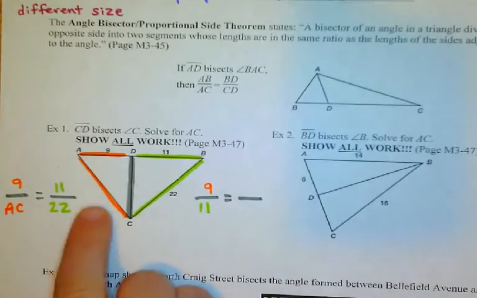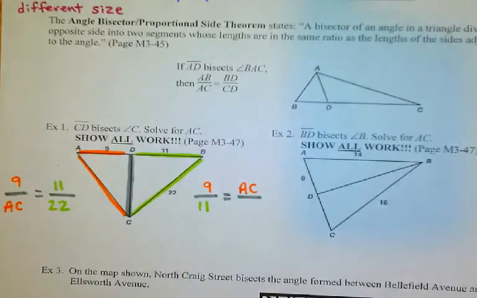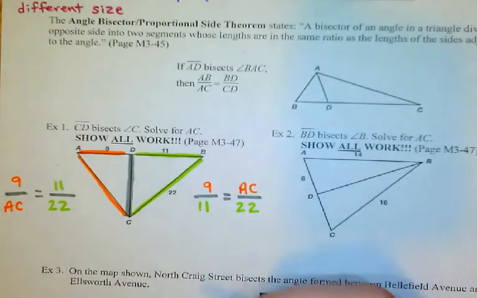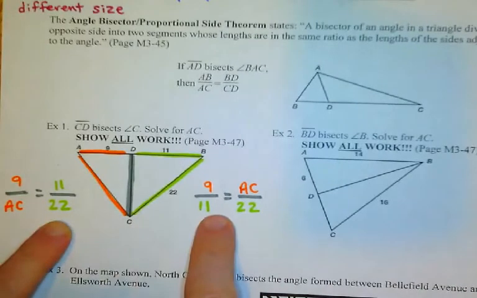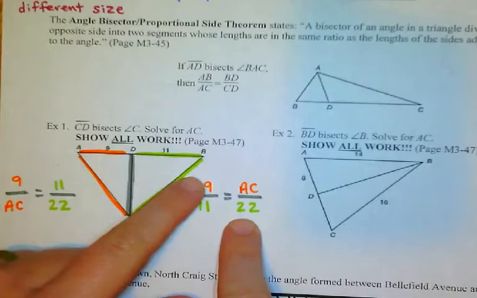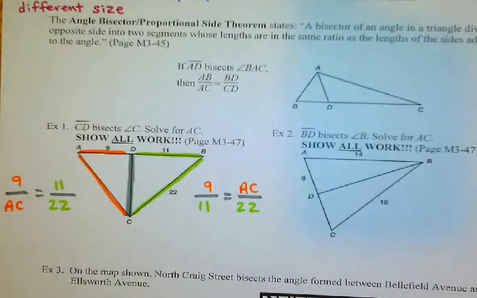The other orange, AC. So AC would have to go on top. And then your 22 would go on bottom. There's lots of different ways that you could set this up, but your proportion, I like to color code, your proportion should never look like a checkerboard. Your oranges should never be diagonal from each other. Alright, everything is always going to line up.